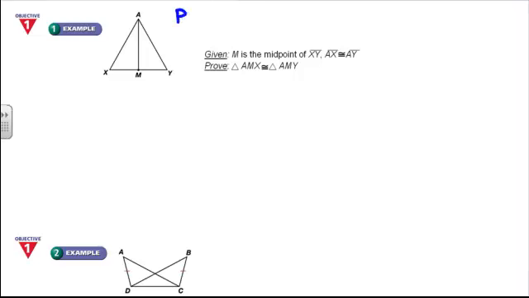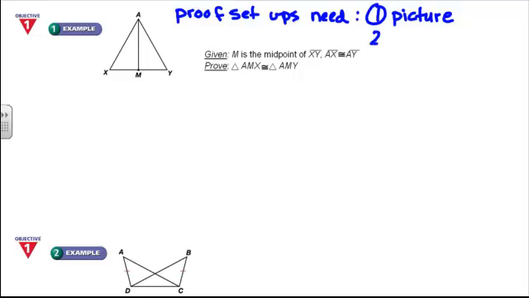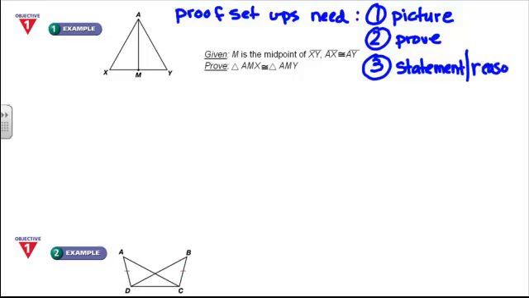So a proof setup means the picture, what you're going to prove next to the picture, your statements and reasons columns, and 4, your given information as the first statement.